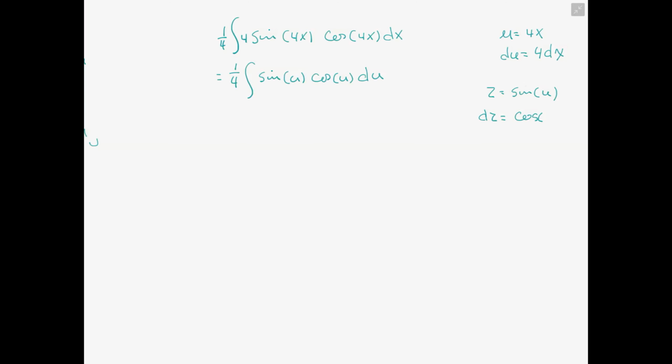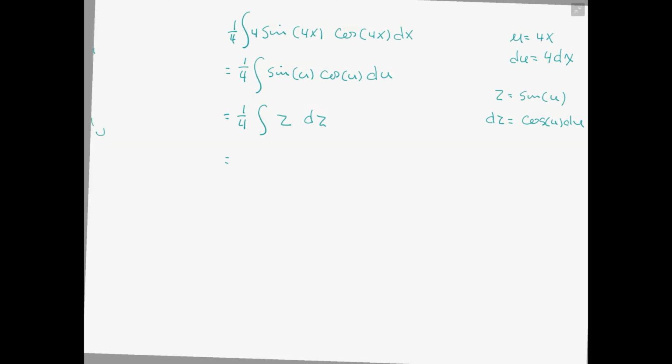So now let's make another substitution. Let's say z equals sine of u. dz equals cosine of u du. So here we go.